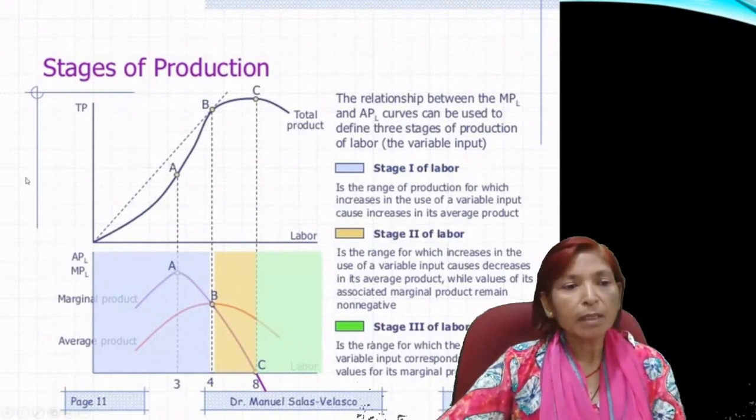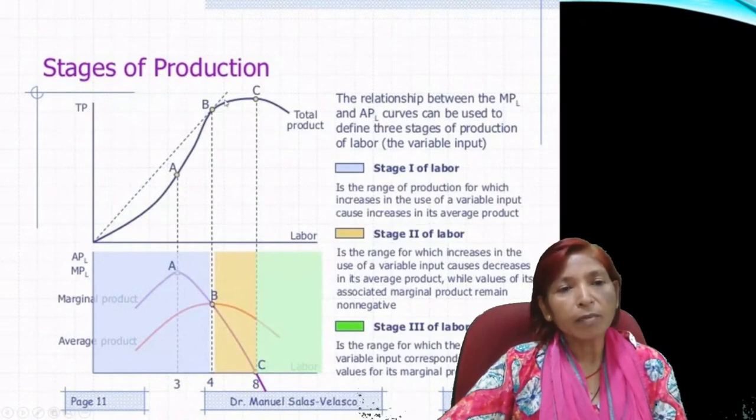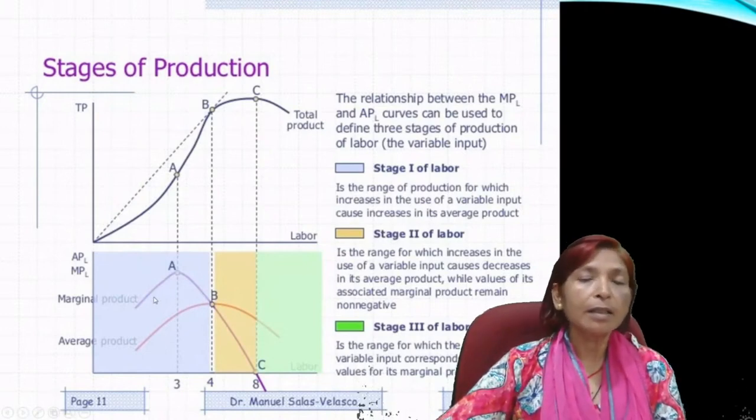So here the TP curve always starts from the origin. TP in the beginning increases, then it becomes maximum and at last it starts falling. And you know that the AP curve is a reverse U-shaped curve, but it can never be zero, can never be negative, and MP always remains higher than the AP curve.